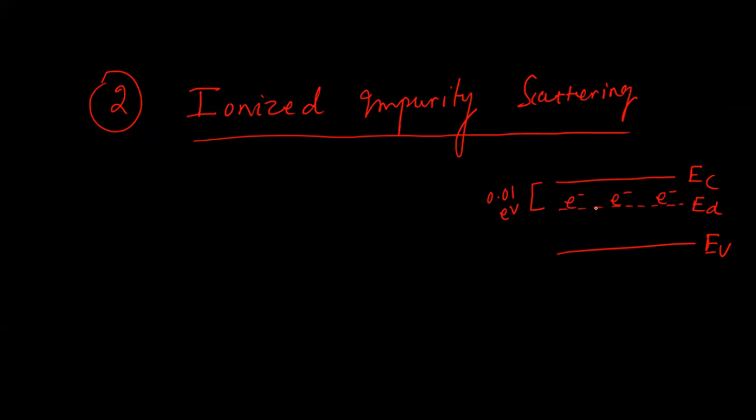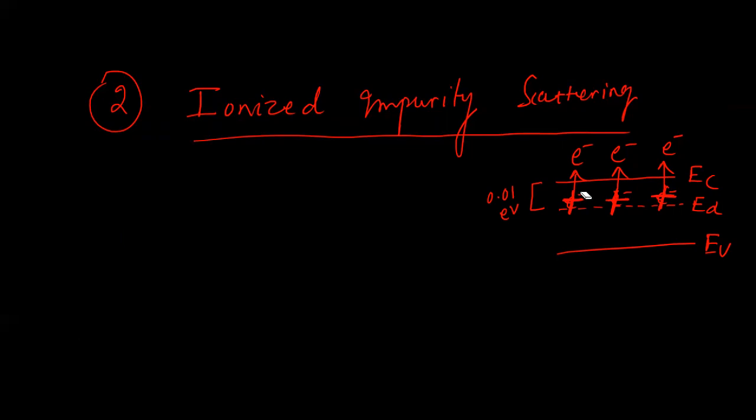So even a small thermal agitation can make these electrons elevate to the conduction band from the donor energy level. So these electrons are gone, shifted to the conduction band, and here you get immobile positive ions.